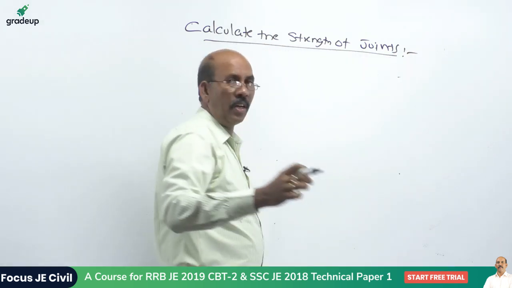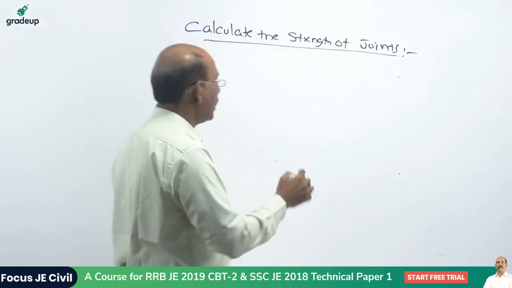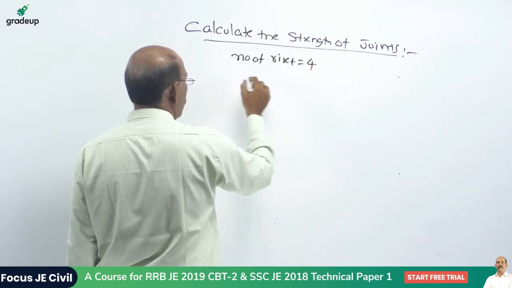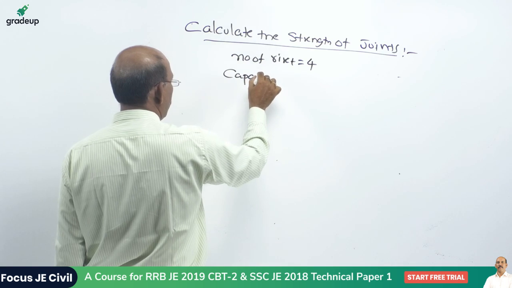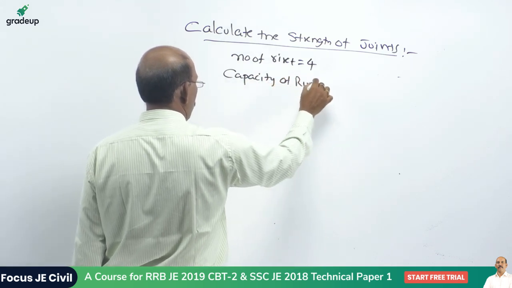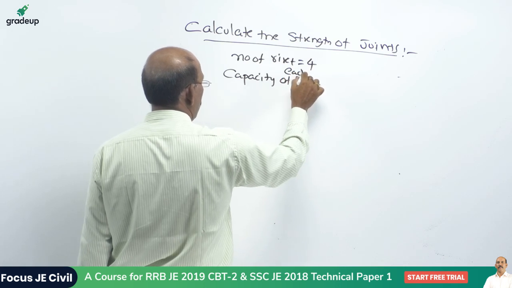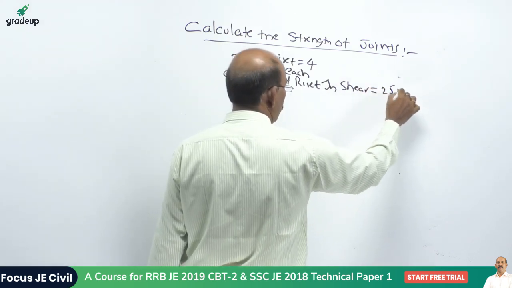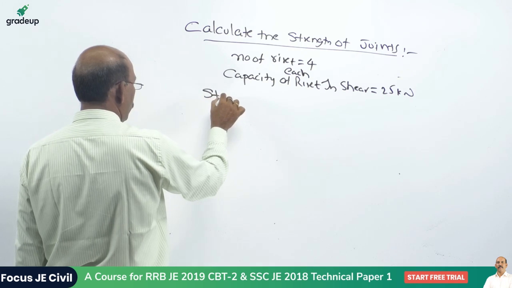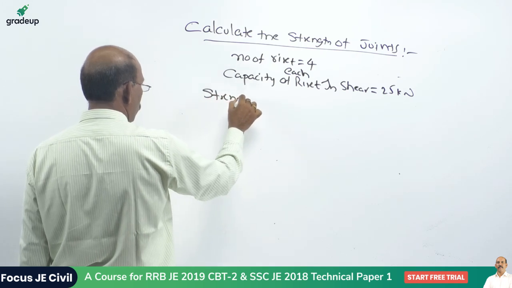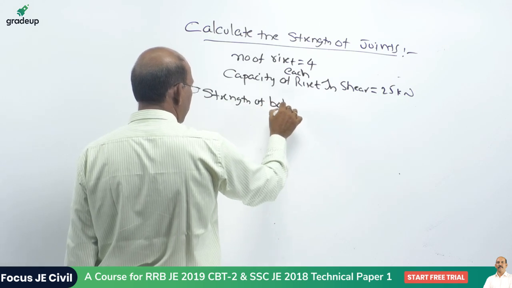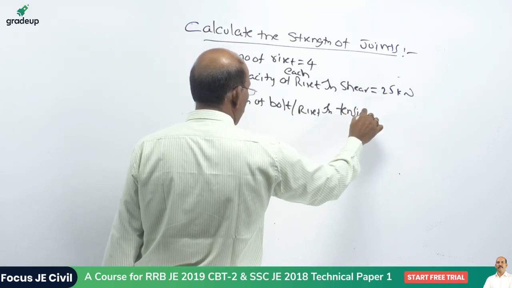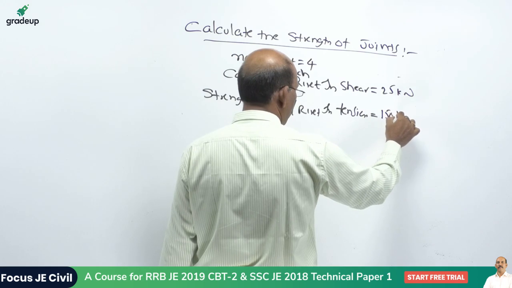With reference to this question, you can assume the data: number of rivets are 4 and capacity of each rivet in shear is equal to 25 kilonewtons, and strength of the bolt or rivet or plate in tension is equal to 150 kilonewtons.